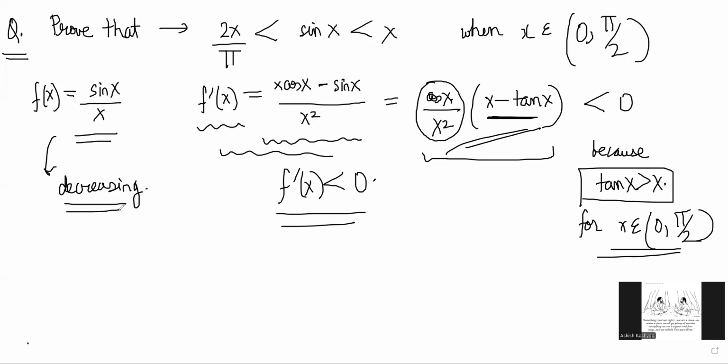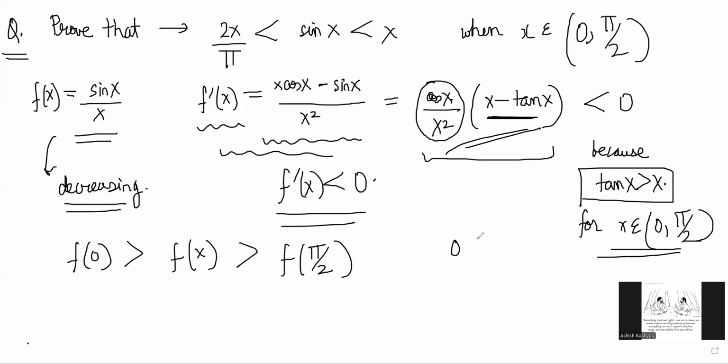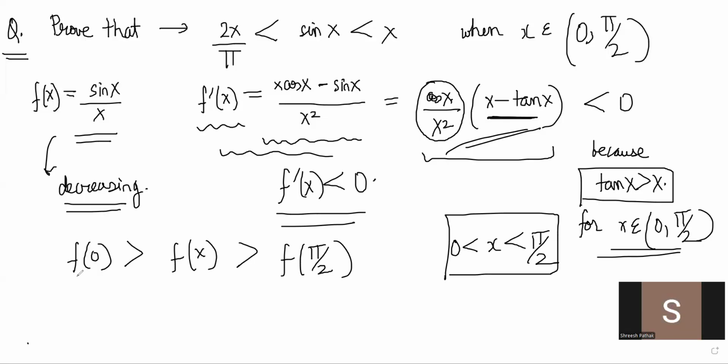And if this function is decreasing, then we can take several values. We can say that f of 0 will be bigger than f of x, which will be bigger than f of pi by 2, where 0 is less than x is less than pi by 2, because the function is decreasing, right? Yes. F of 0 here, if you try to put 0, it is coming in 0 by 0 form.